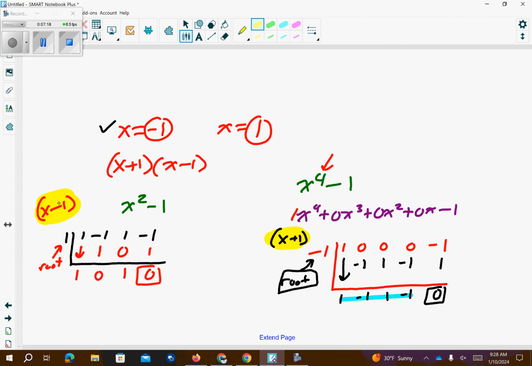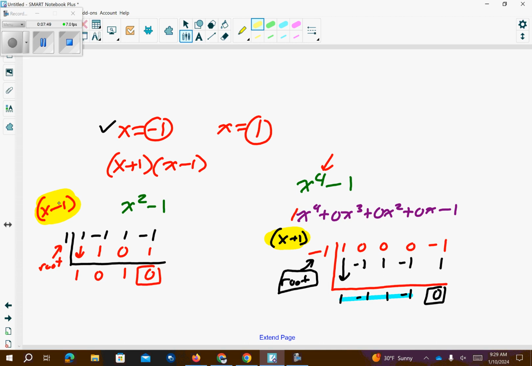Now we have to think a little bit deeper. Originally, this first thing here that I synthetically divided was x to the 4th power. Agree? I used synthetic division and I got this. That means that this down here would have been x to the 3rd. If I rewrote this, put the x's back in, I'd get 1x to the 3rd minus 1x to the 2nd plus 1x minus 1.